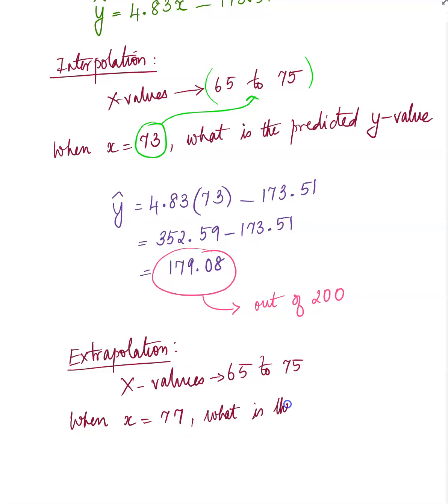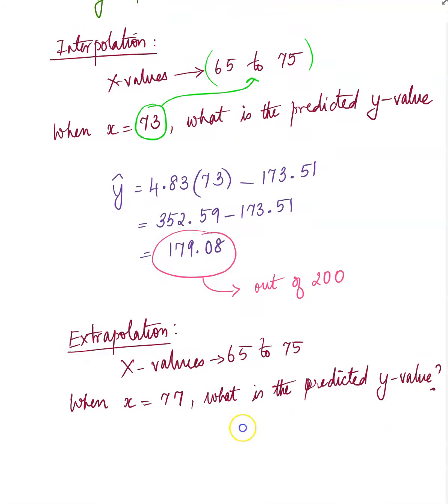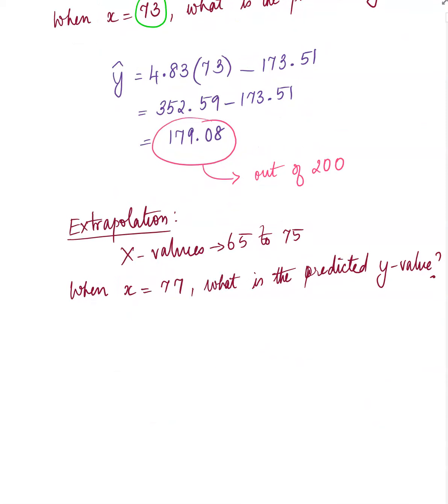What is the predicted y value? This time we look at this and say, okay, this is not in the x value range. Immediately that means it is less reliable.